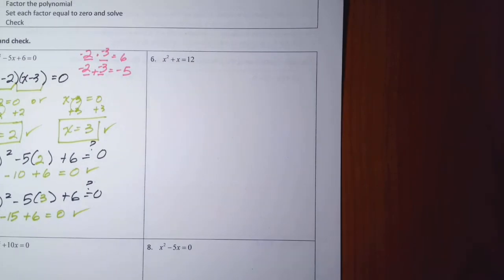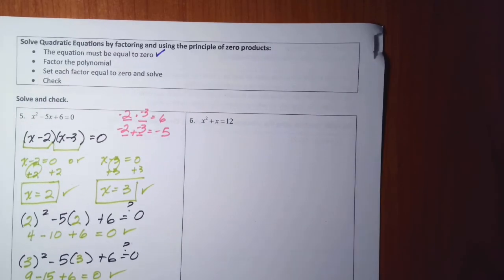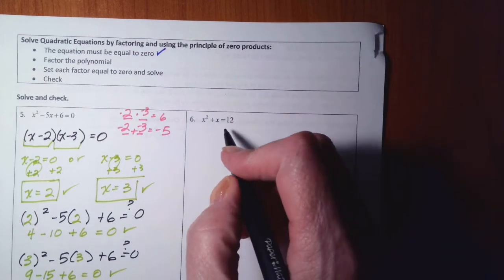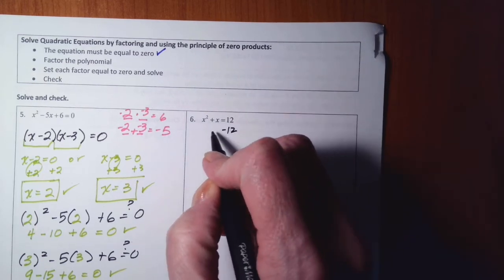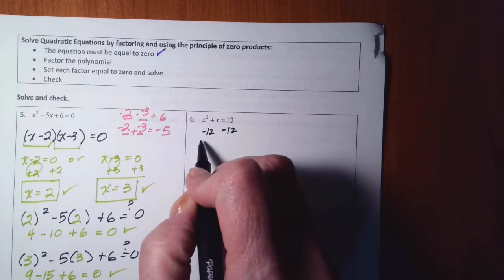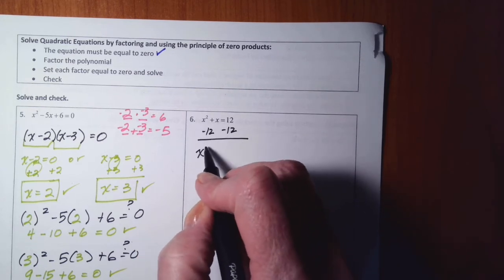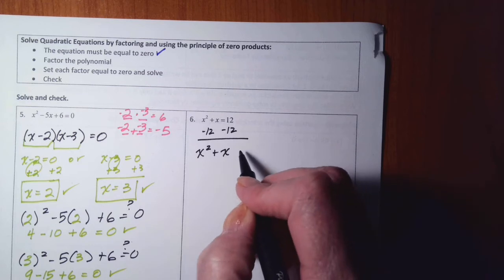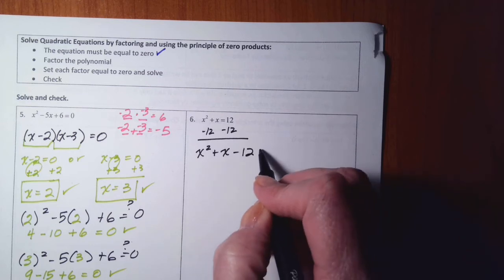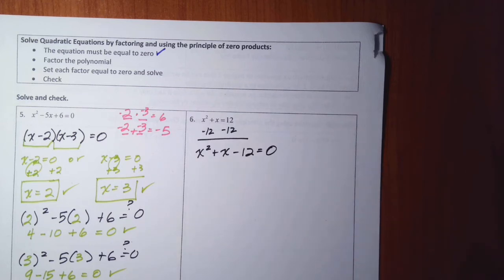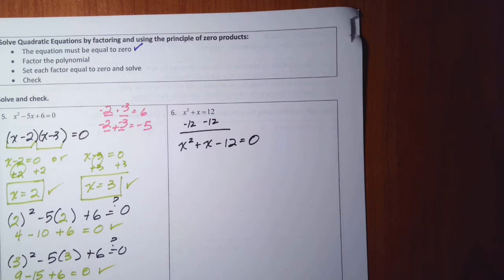Okay, x squared plus x is equal to 12. It is not equal to 0, so I have to fix that. So I'm going to subtract 12 from both sides. And I get x squared plus x minus 12 is equal to 0. Now I have to factor.